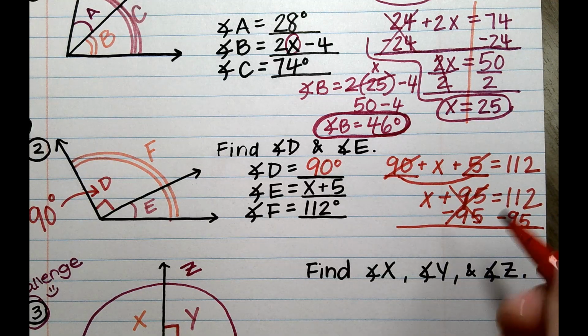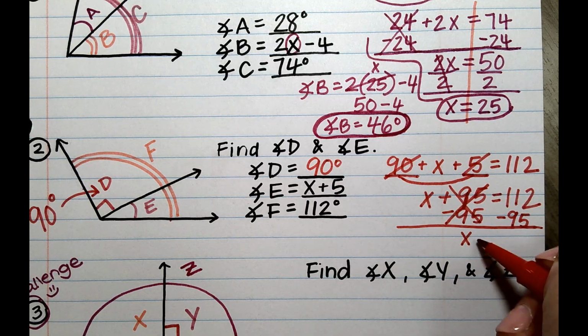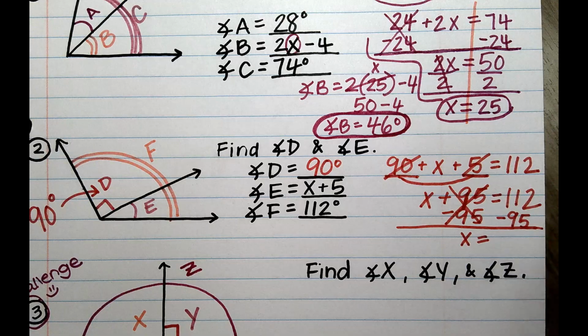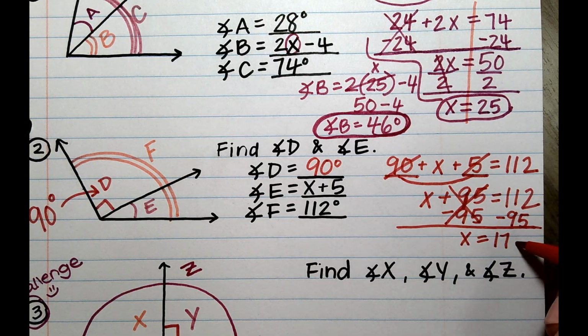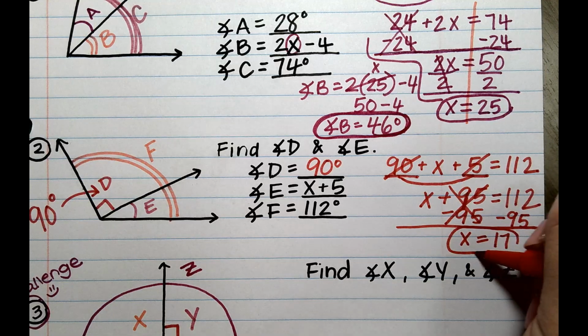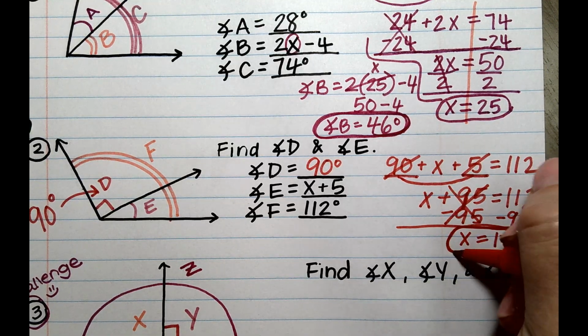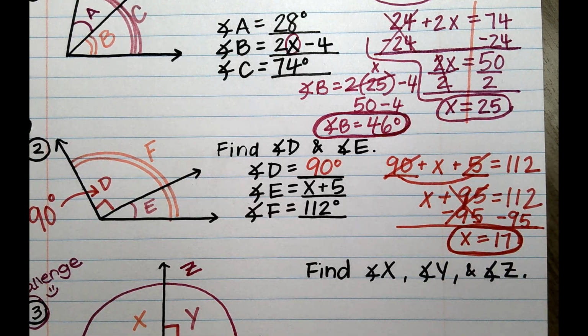All right, so I'll bring down my x equals 112 minus 95. You said 17. Okay. All right, so we'll stop there for a minute. Make sure everybody sees what happened. Do you have any questions before we go forward?